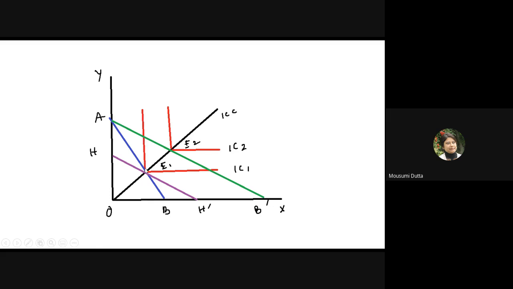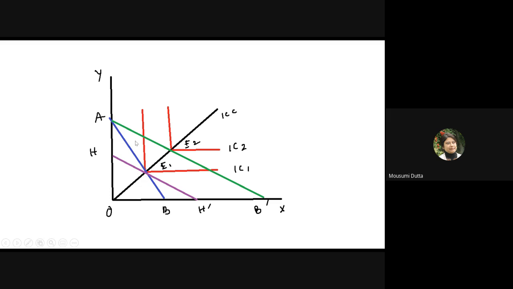So these are the two L-shaped curves, and consumption will take place along this line. I'm calling this ICC because it will connect two different consumption points. Here this is ICC since I have drawn it from the origin, and if I draw from this point, we will get the same PCC.